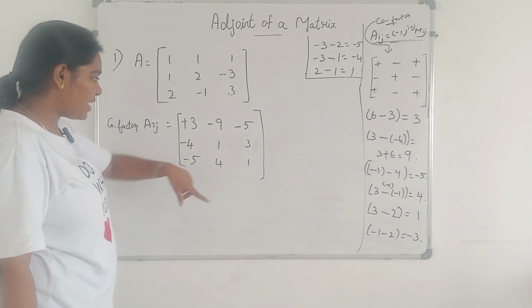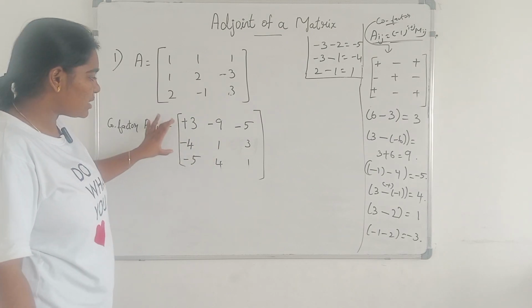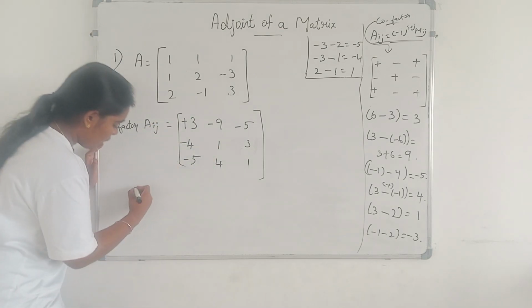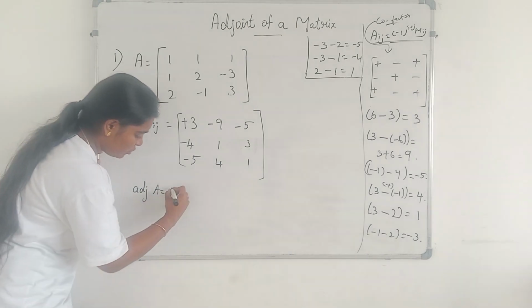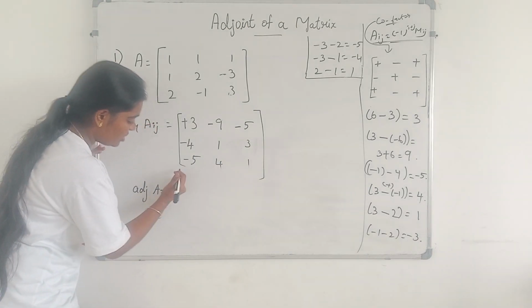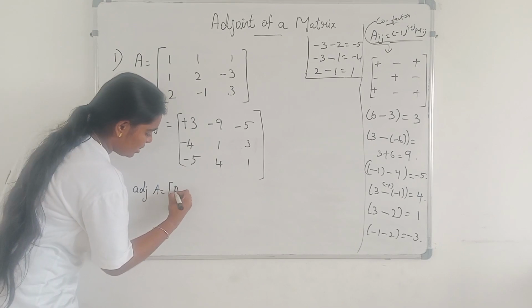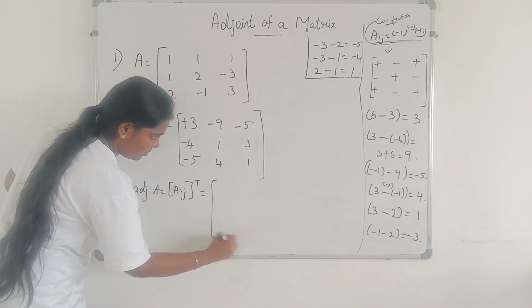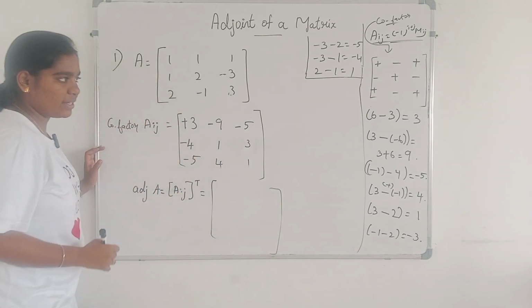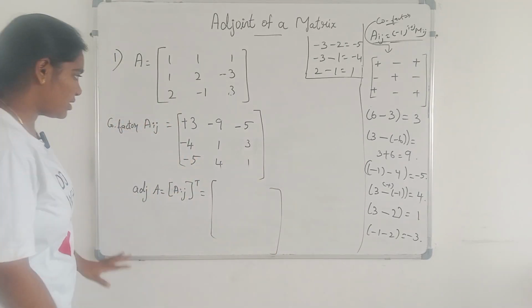Next, we are going to find the adjoint by using this cofactor matrix. So adjoint of matrix A equals the transpose of this cofactor matrix. If you take the transpose of this matrix, that's what your adjoint is.